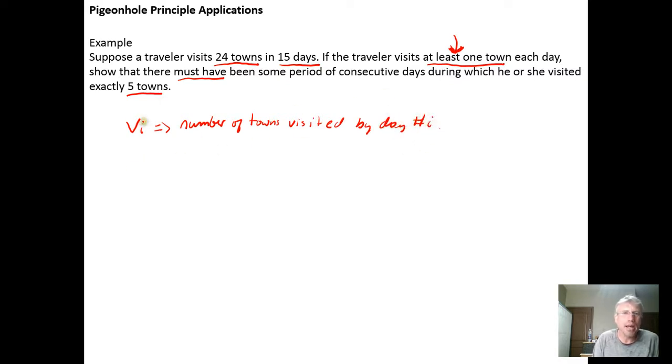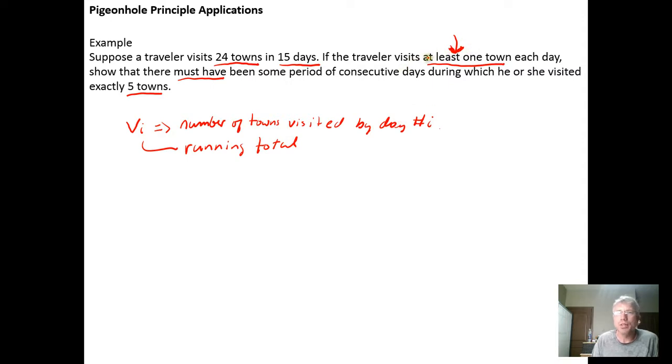So v sub i is going to be a running total. Each time I visit a town, that day I change v sub i to represent the total number of towns I visited up to that point. So we keep a running total.